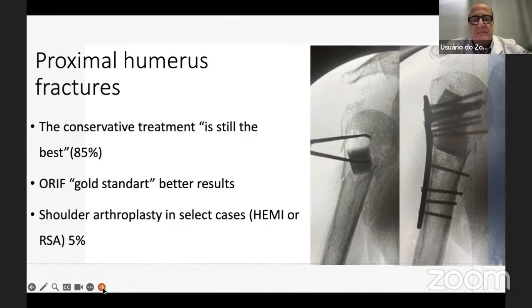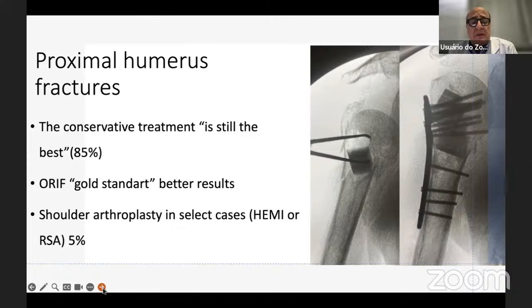It's a good solution for this kind of situation. Not for all patterns of fractures, but when there is comminution and compaction, it is a very good way to avoid the cutting out and the penetration of the screws.